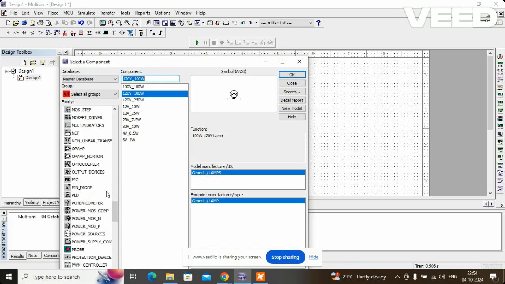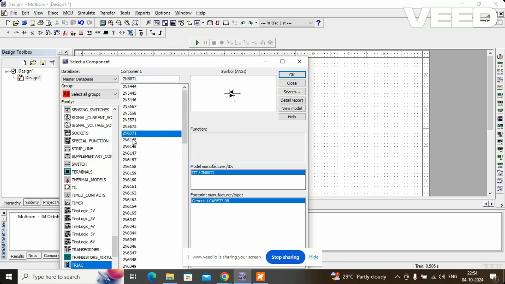Now I am going for the Triac. Any one of the Triacs you can use, like 2N6071.